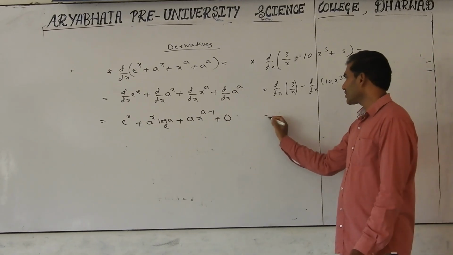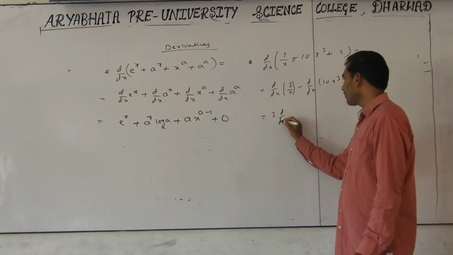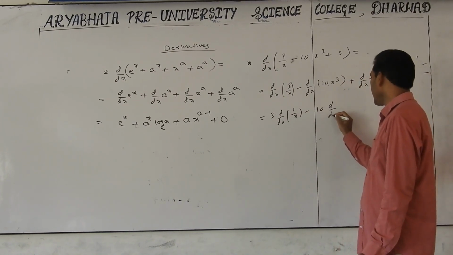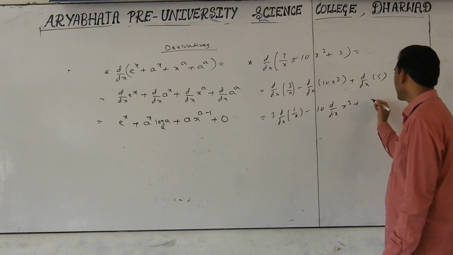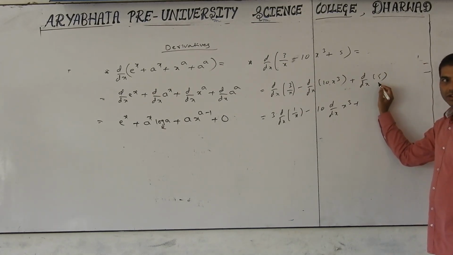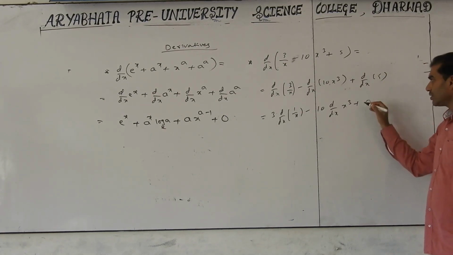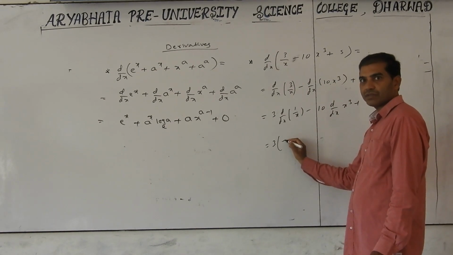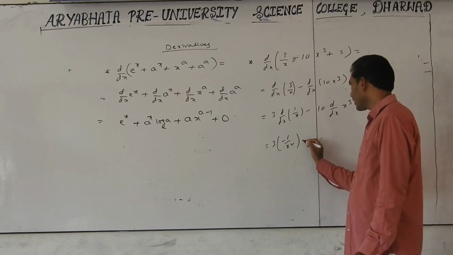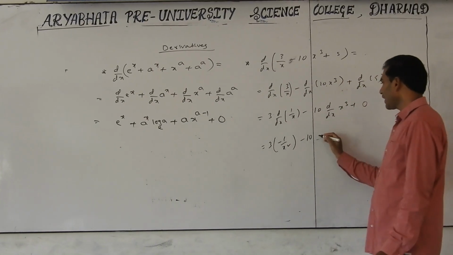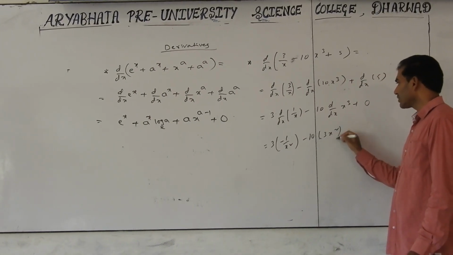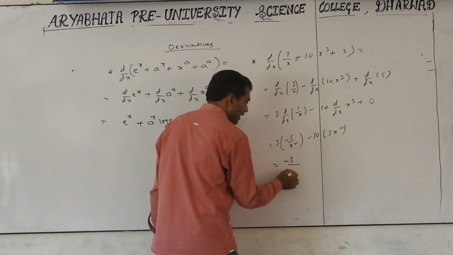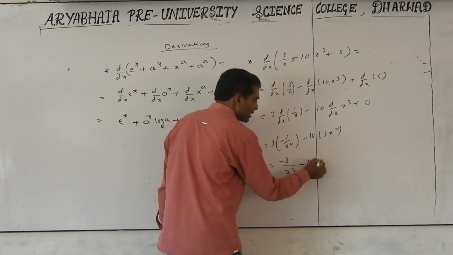Okay, here constant 3 d by dx of 1 by x minus 10 constant d by dx of x cube plus 5 whole is constant, the constant derivative is 0. 3 into derivative of 1 by x is minus 1 by x squared. 10 x cube differentiation is 3x squared. So which is equal to minus 3 by x squared minus 30x squared.